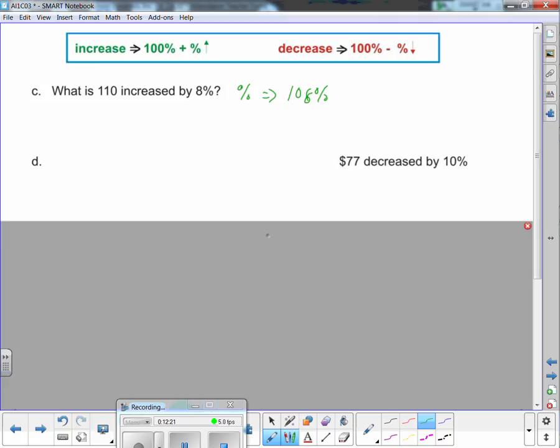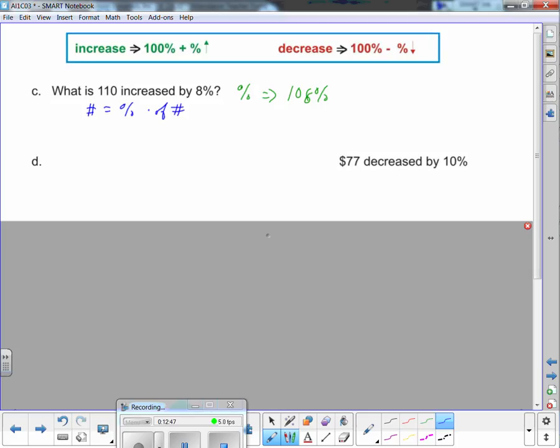The original 100% plus 8% more. Does that make sense? 108%. So now we're just to the formula. Number equals percent times the of number. And again, if you like part equals percent times the whole, go ahead, that's fine.